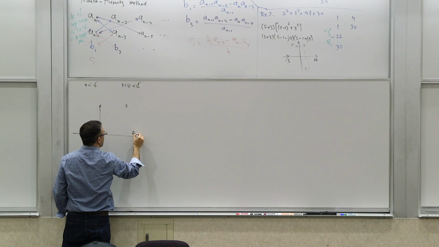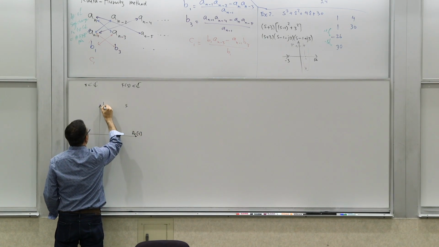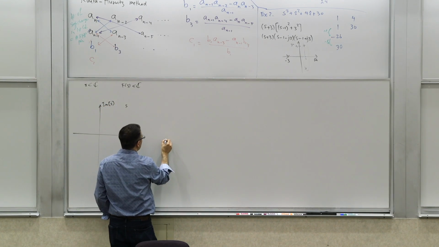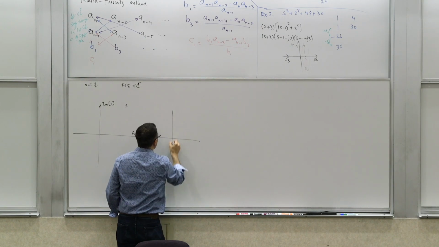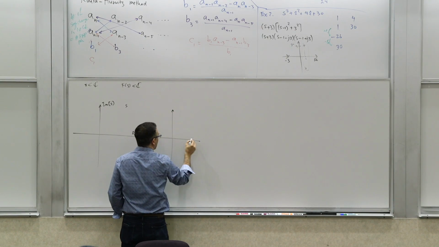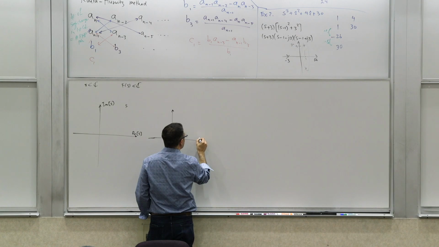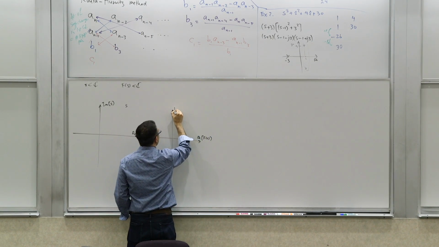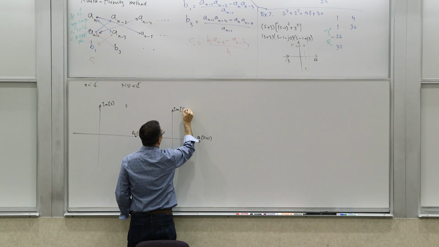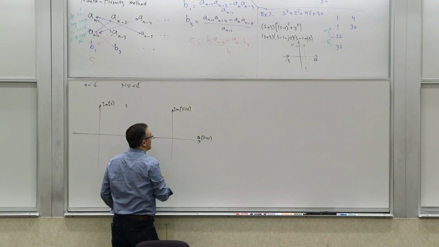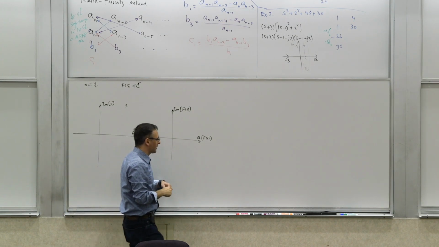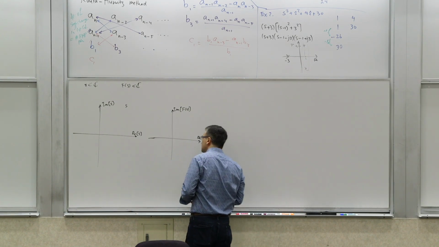This is the real part of s, and this is the imaginary part of s. And now let's imagine that you also look at the plane where you evaluate the function f of s. So this is the real part of f of s, and this is the imaginary part of f of s, both being complex quantities, right? The complex variable and a complex function.